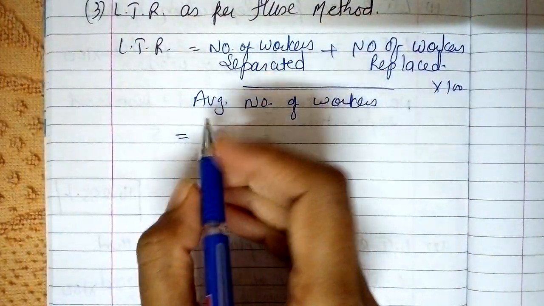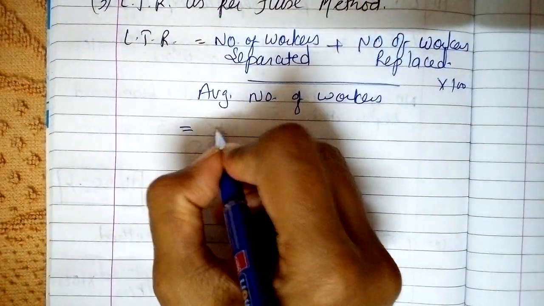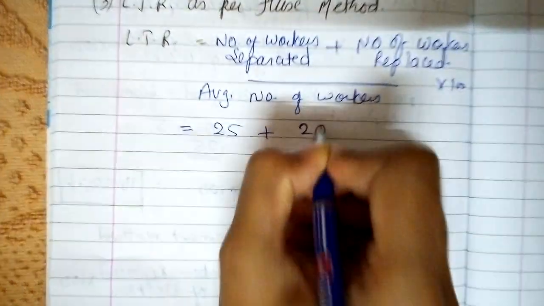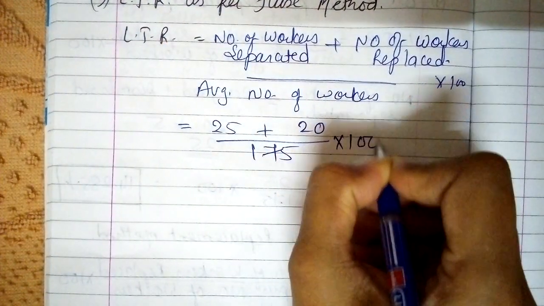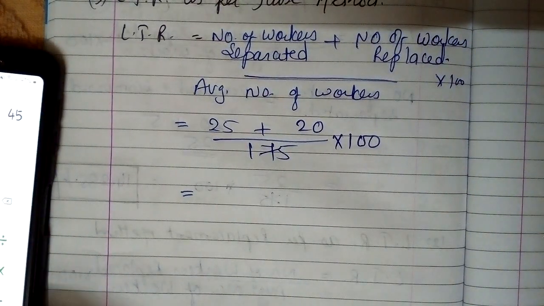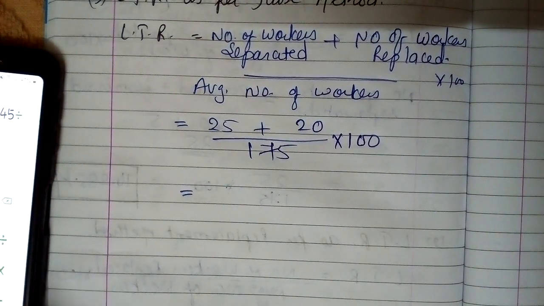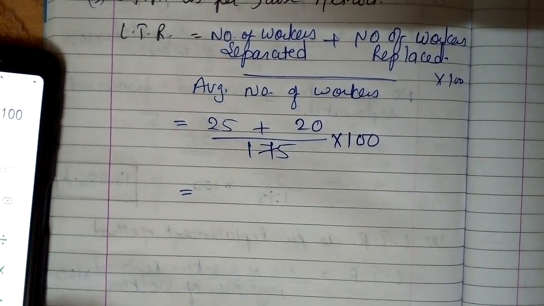Now number of workers separated were 25, number of workers replaced 20, and average number of workers 175 into 100. So the answer will be 45 divided by 175 into 100.